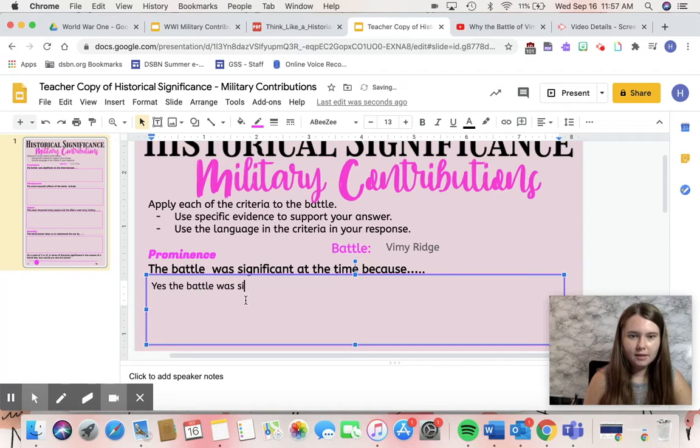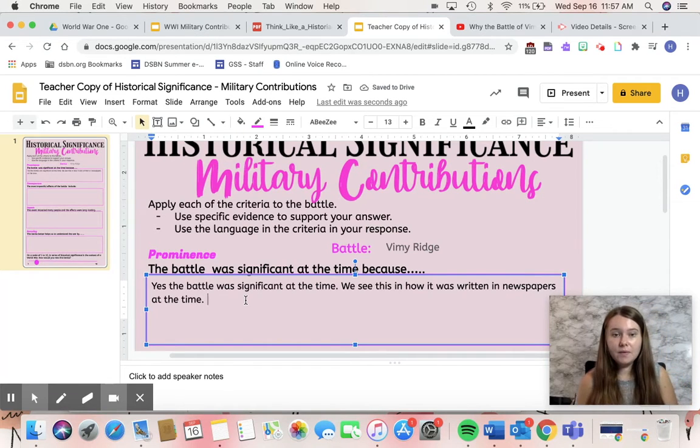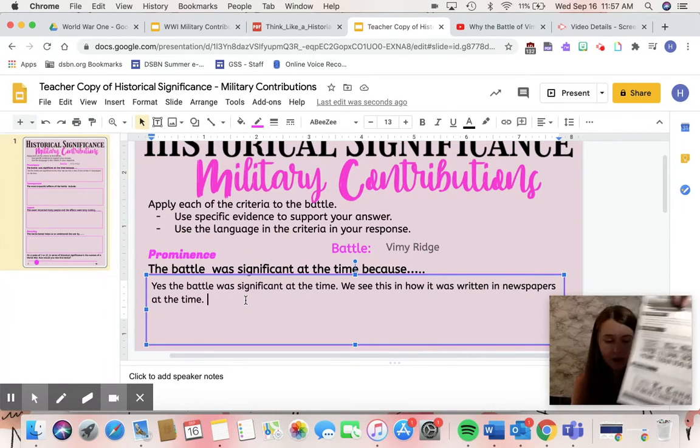We see this in how it was written in newspapers at the time. Because it's asking us for the perspective from 1917, our best piece of evidence that we're going to use to answer this is going to be the primary sources, okay?